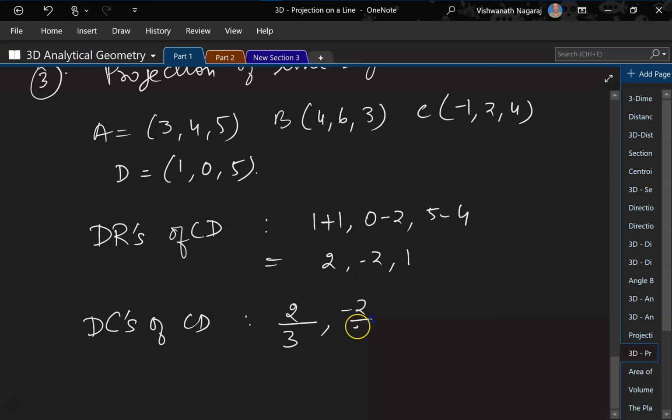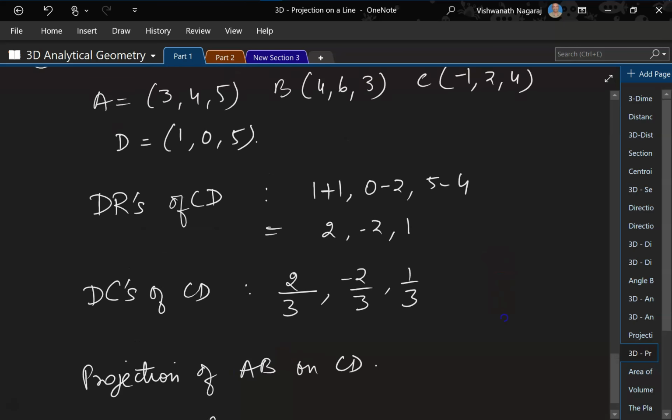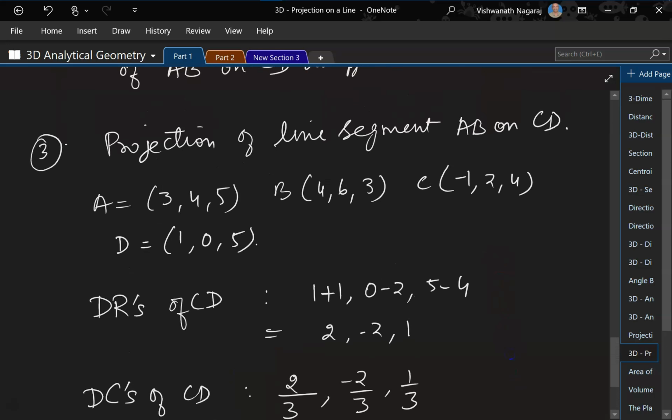Okay, minus 2 by 3, 1 by 3. So now the projection of AB on CD would be equal to: take the direction cosine of CD and multiply it with the direction ratio of AB.